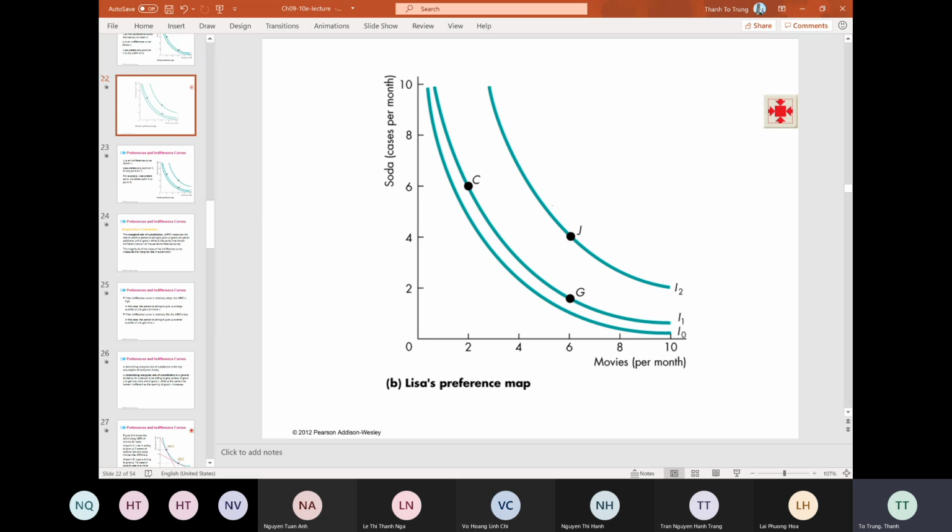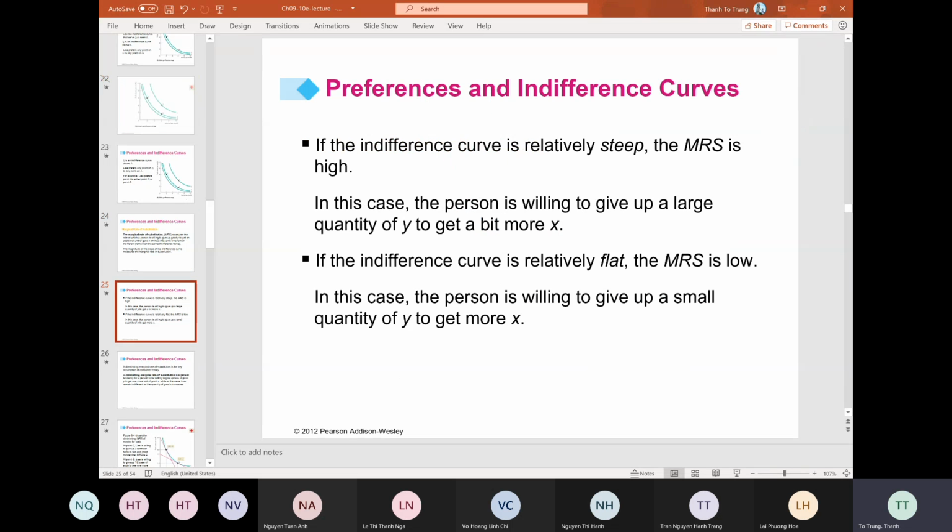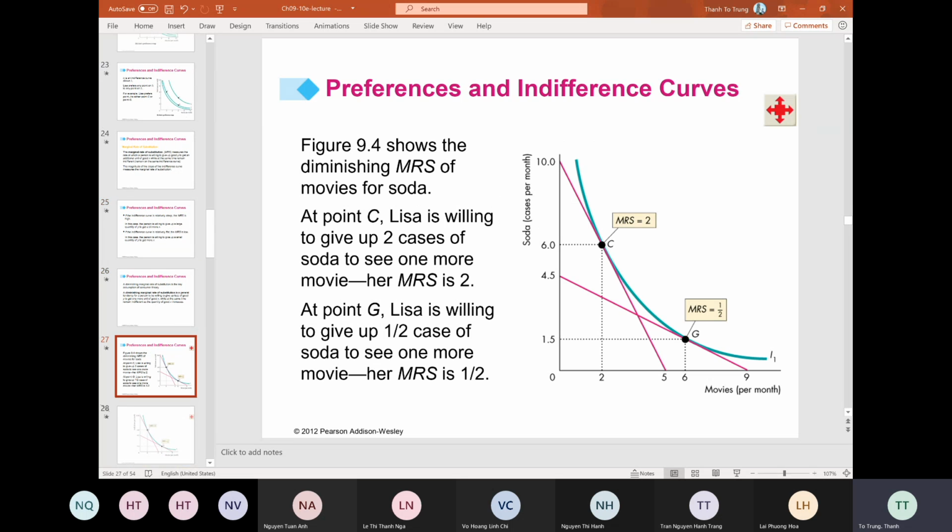Now we talk a little bit about the slope of this indifference curve. So we will start with this slide about the points on the indifference curve. In this slide, you see 2 points, right?